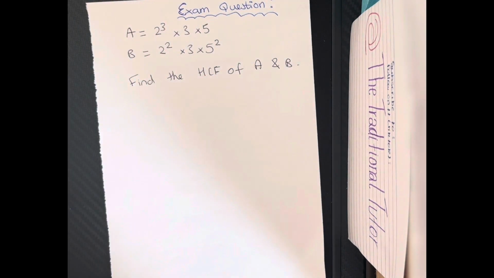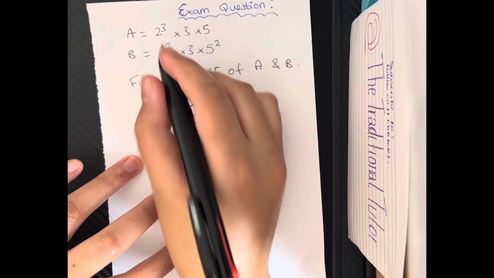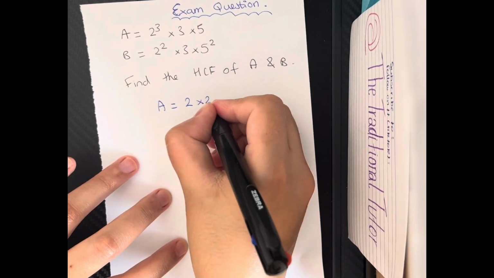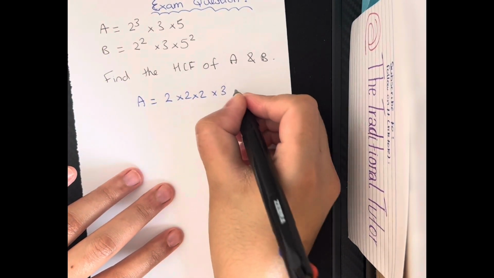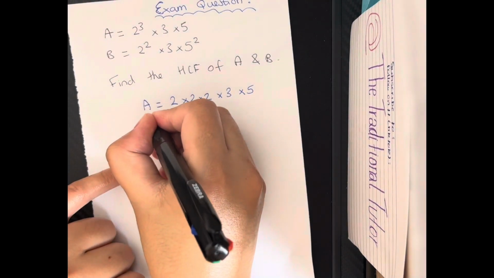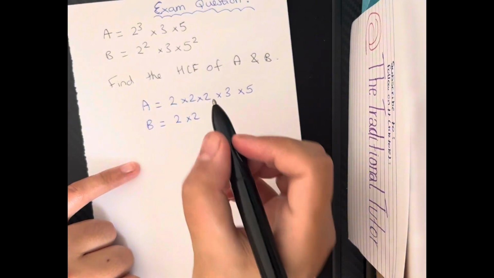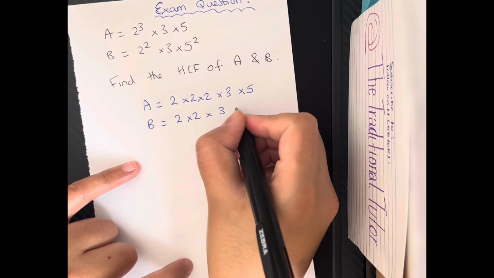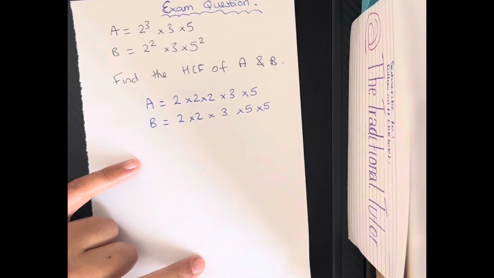If we look at A, instead of doing 2 cubed, we can write it as 2 times 2 times 2, there's 3 lots of them. And we've got 1 3 and 1 5. And then similarly, if we take a look at B, that is 2 times 2 because it's 2 squared. And we've got one set of 3 and 2 sets of 5, because it's 5 squared.